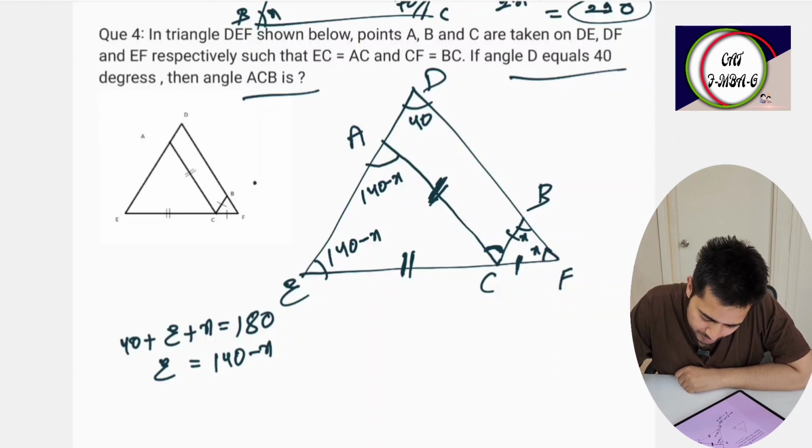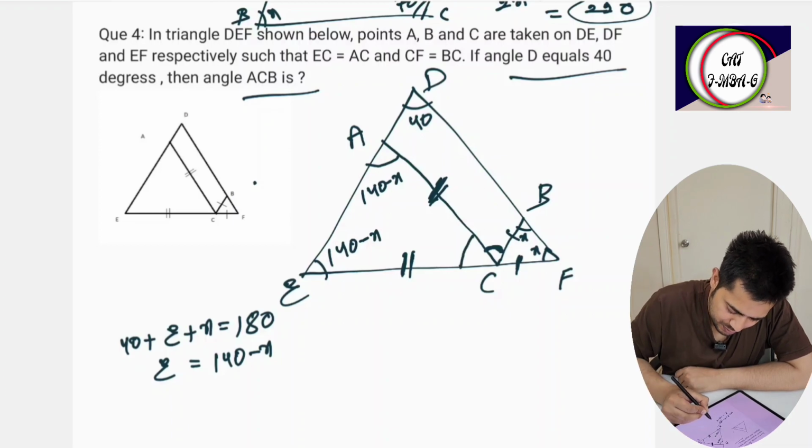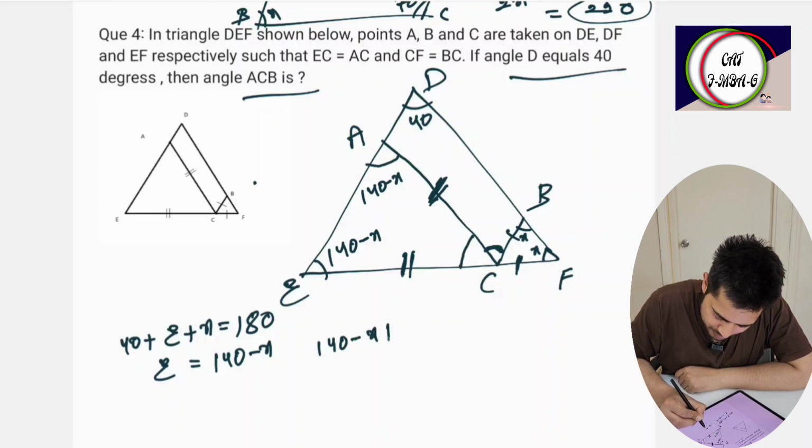Okay, and this is 140 minus X. So angle C will be 140 minus X plus 140 minus X plus C is equal to 180.